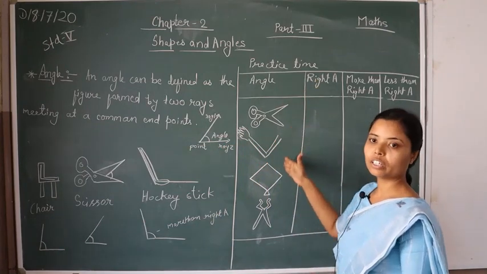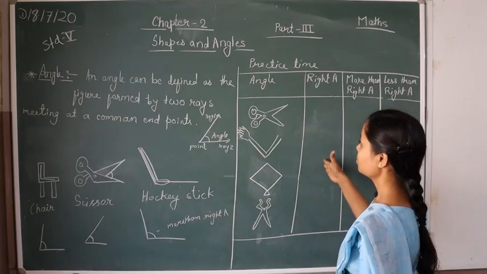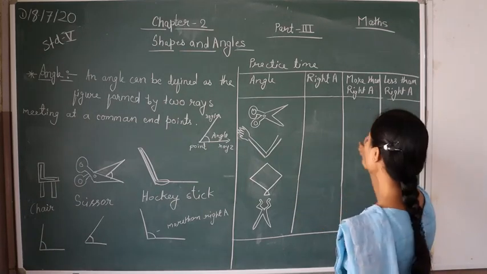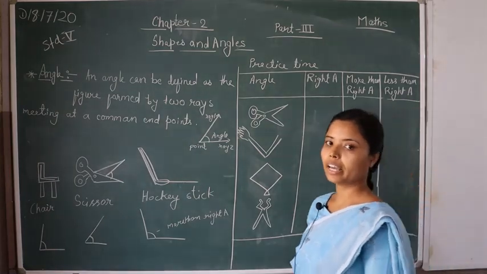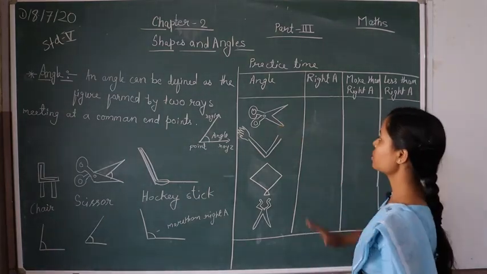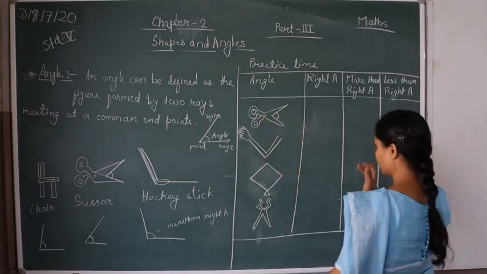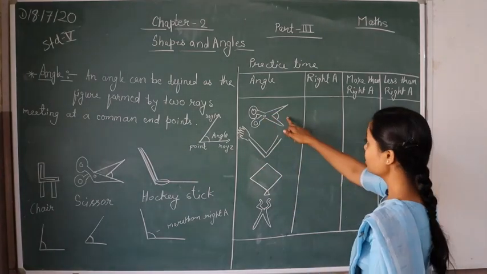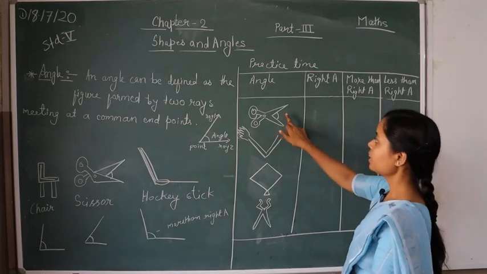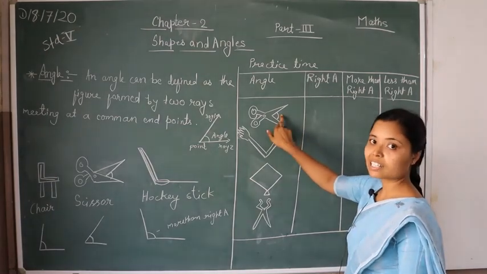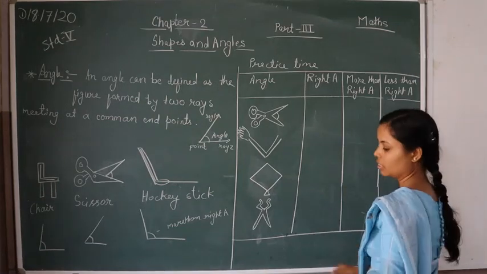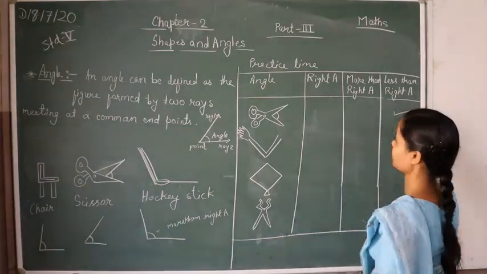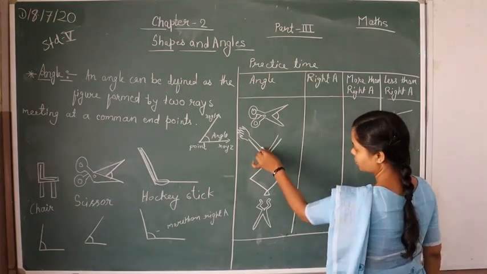You look at the figure and tell me whether it makes a right angle, more than a right angle, or less than a right angle. Okay, firstly look at the scissor. In this scissor, we can simply say that this angle is less than a right angle. So write the mark here.